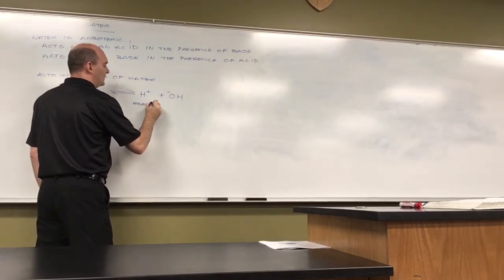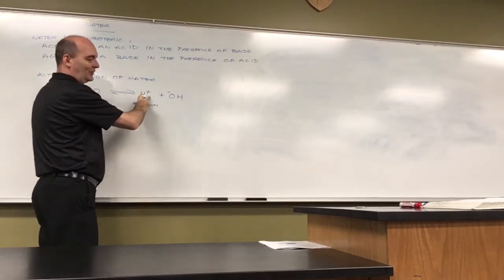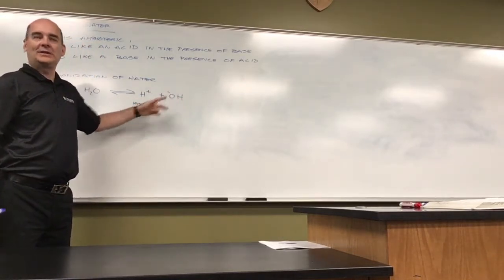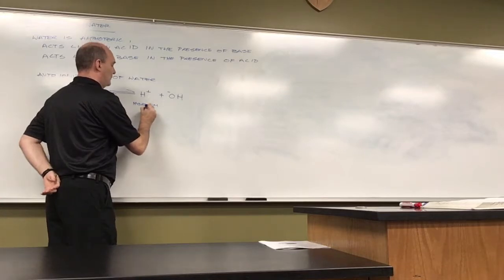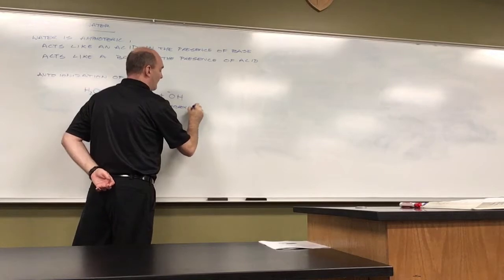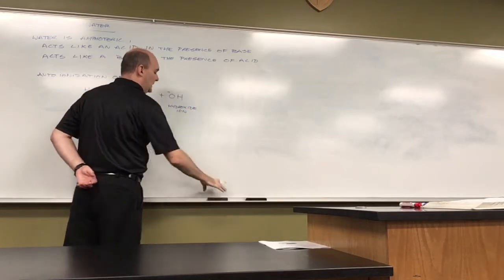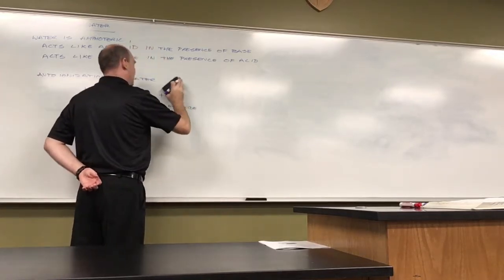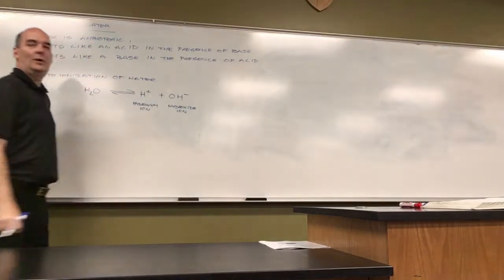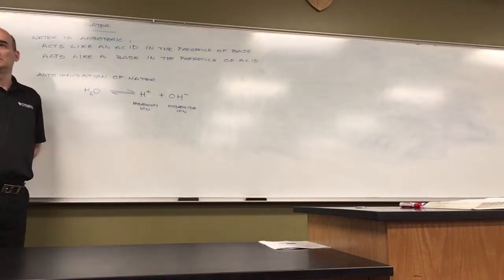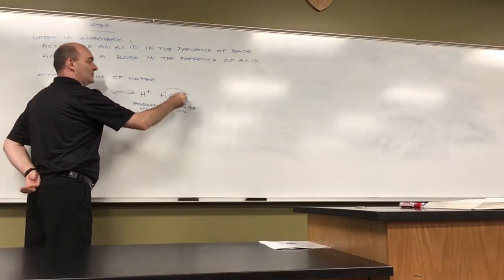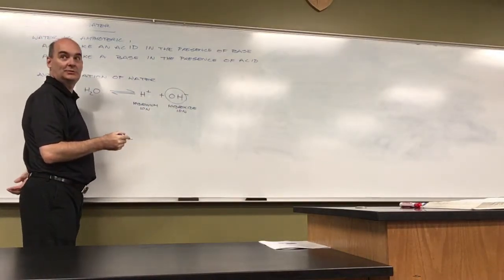Now there is a reason why the plus charge is on the right-hand side of this and the negative charge is on the left-hand side. For many, many years, it seemed to be normal to call hydroxide OH-, where the minus belongs to the OH.